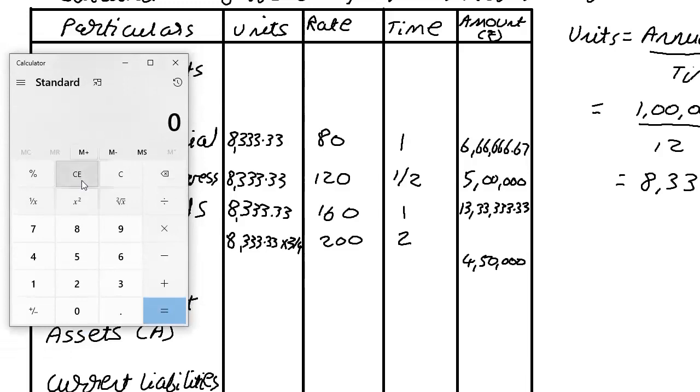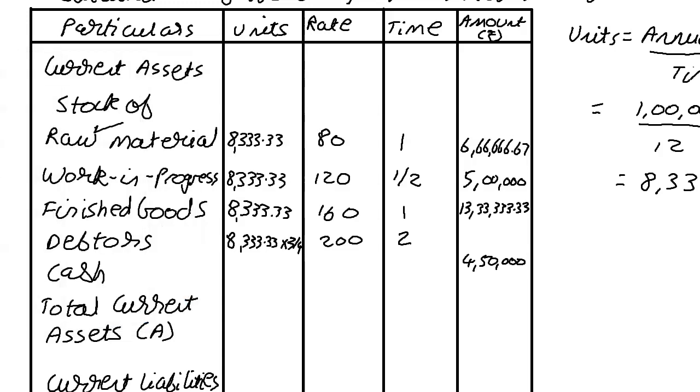Okay, maybe debtors is going to give us some relief. Okay, so like this all the way, or simply 1 lakh upon 12 into 3 by 4 into 200, okay, which is our rate, so 25 lakhs flat.